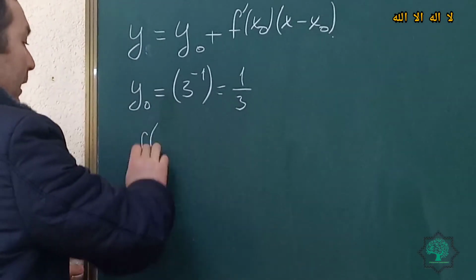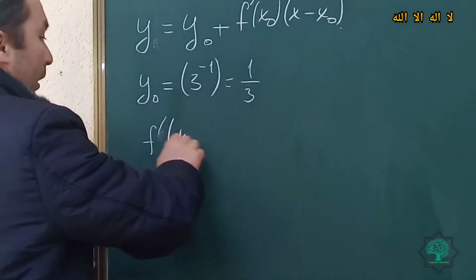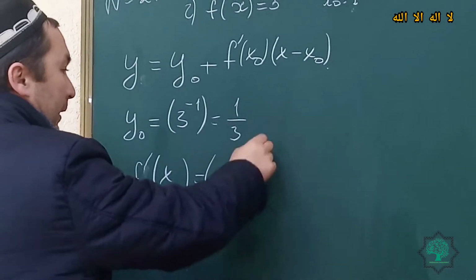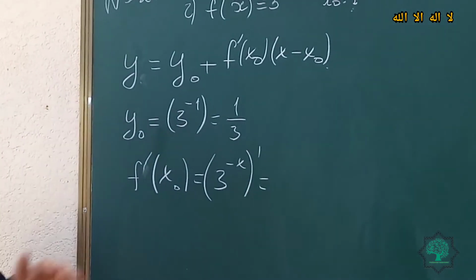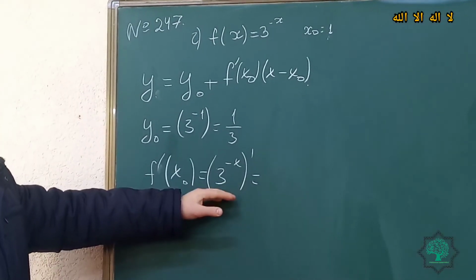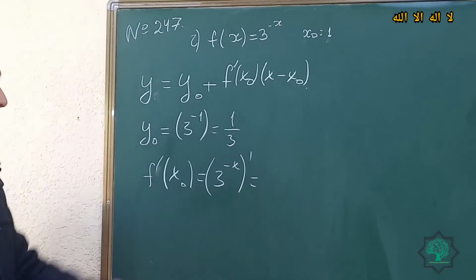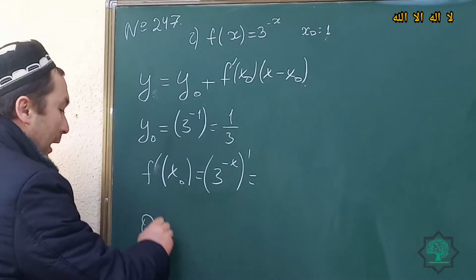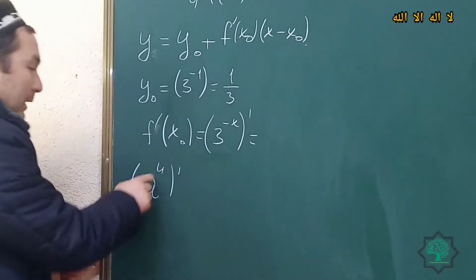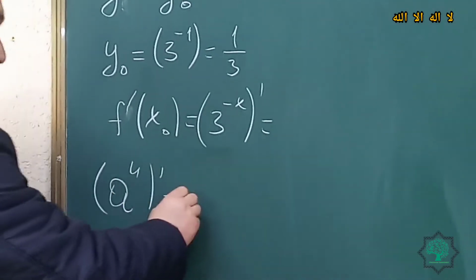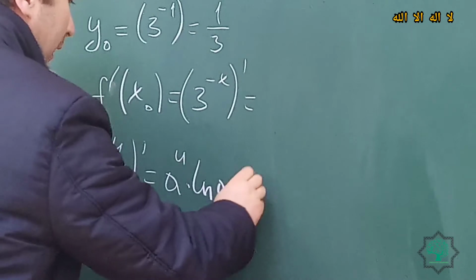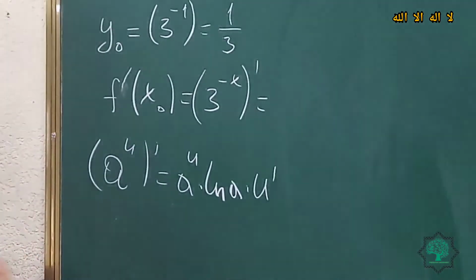So the derivative of this function is 3 to the power of minus x. You must know that this function also is a composite function. That's why you should use this formula: a to the power u, what? a to the power u times ln a multiplied by u derivative.